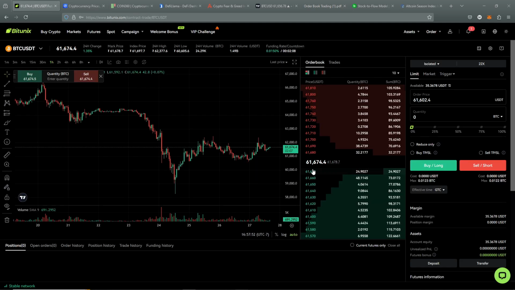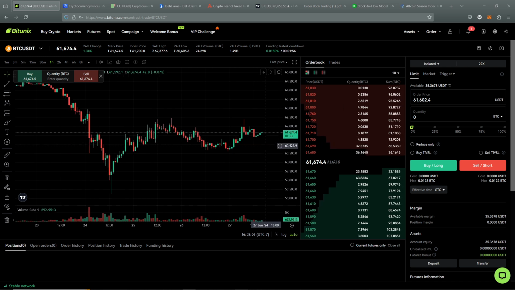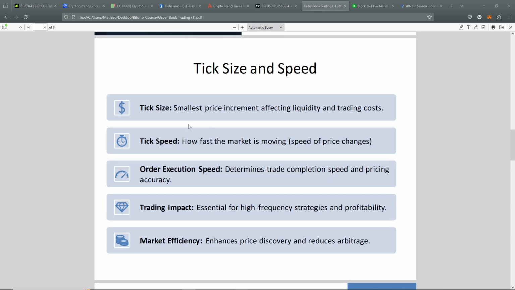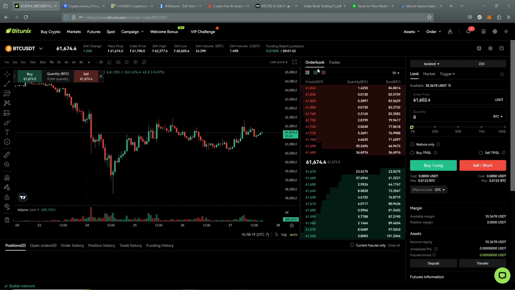So if you see that we're all of a sudden moving up in bigger increments, or all of a sudden the market is moving very, very fast, where the ticks are very quick, that means there's something going on at a deeper level. Could mean that we're about to see a breakout, could mean that we're falling quickly. Depends on the situation. Right now we can see that we have a slower tick rate and a medium to small tick size.